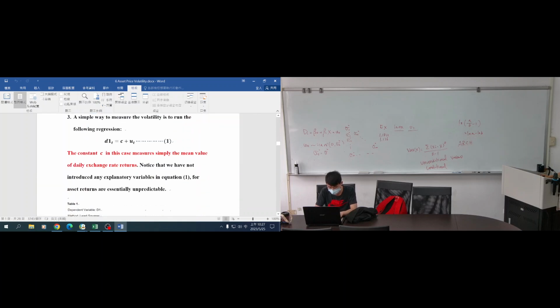For example, this is the one I'm talking about, D1, the rate of return. Here I didn't use any X variables because what affects the rate of return is so huge. So I consider a model something like this.